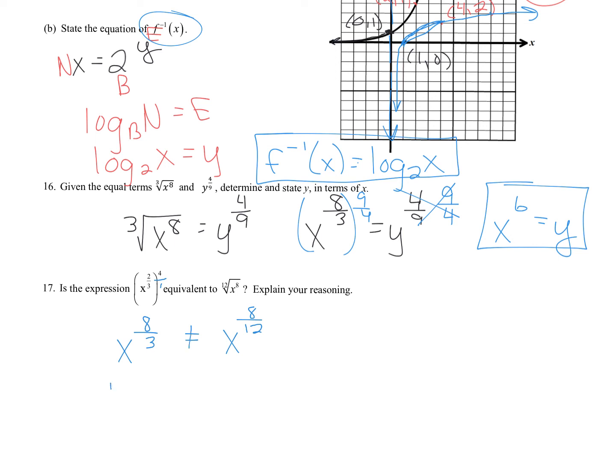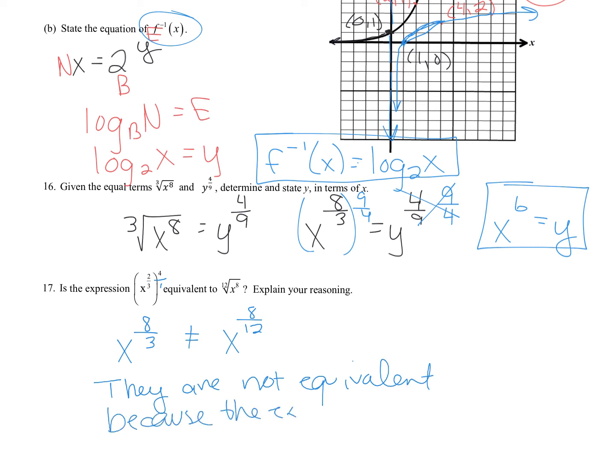And we could just write they are not equivalent because the exponents are not equal. Kind of a weird one to explain. Really, where the 8/12 came from was someone making a mistake by multiplying the 2 and the 3 by the 4 here, so you would get 8/12 over there, but you can just make a statement about the math that you did.